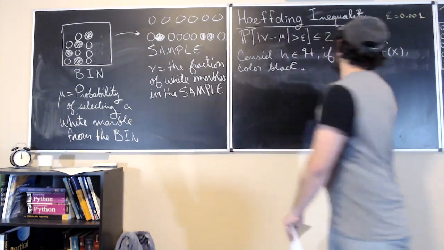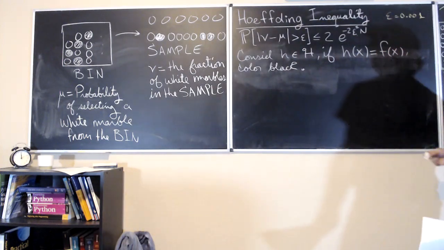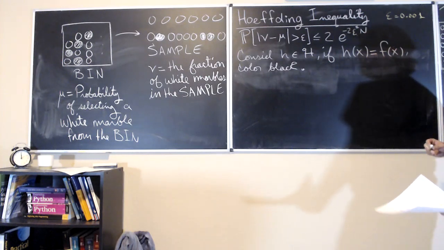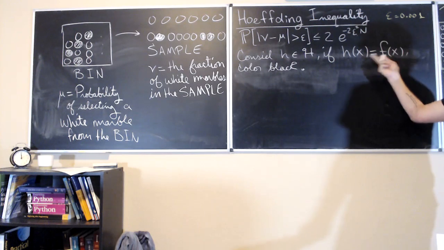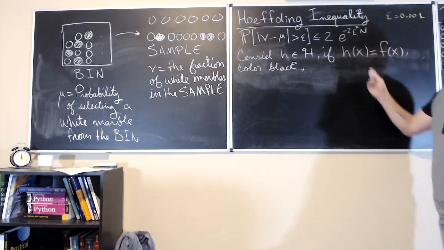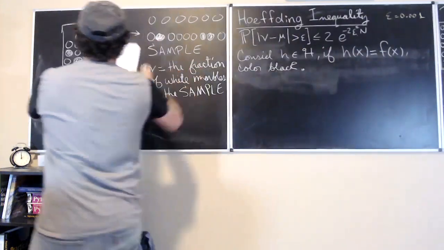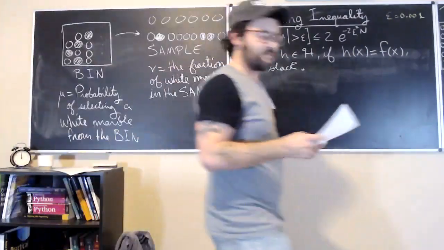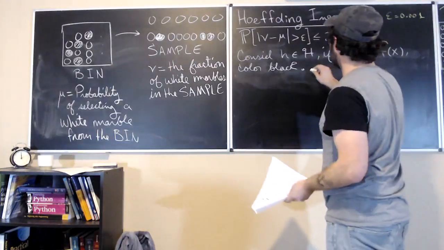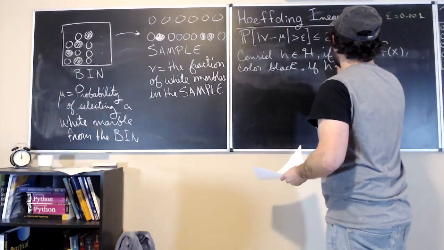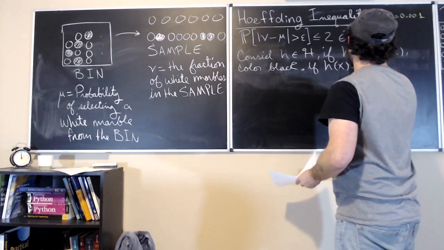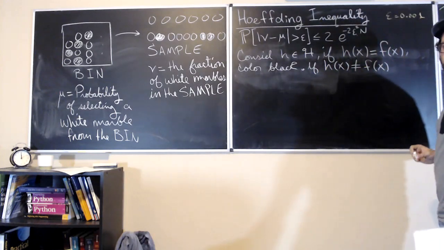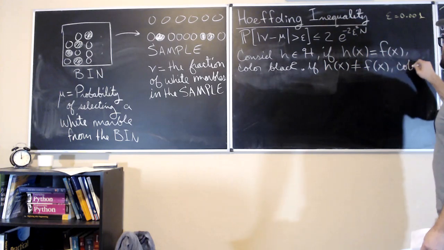So that's if the hypothesis that we're looking at is equal to the target function at that given vector of features, then we're going to go over here and color the marbles black. And if H of X is not equal to the target at the vector of features, color white.